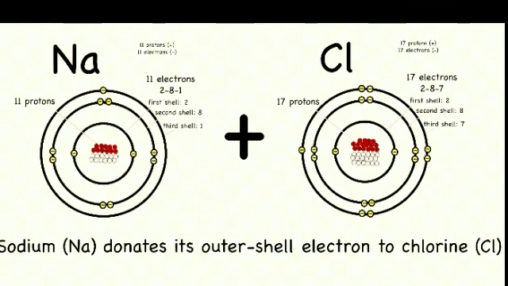A sodium atom gives away 1 electron and a cation of sodium is formed. Hence, the valency of sodium is 1. A chlorine atom takes up one electron and forms an anion of chlorine. And thus the valency of chlorine is 1.